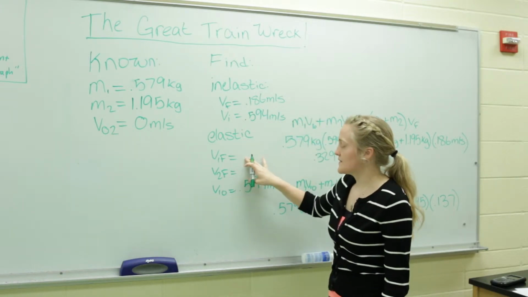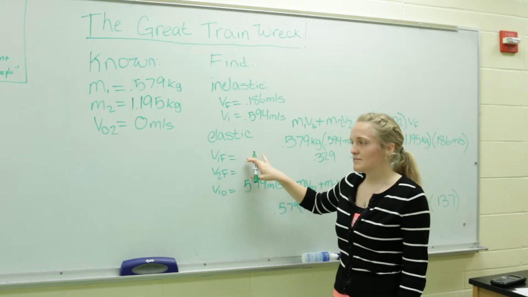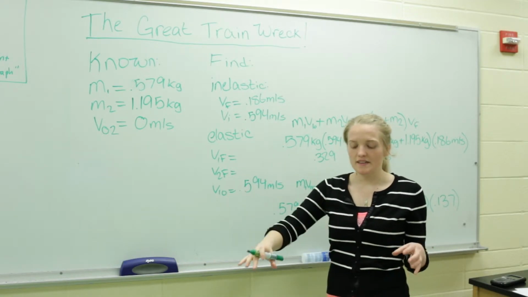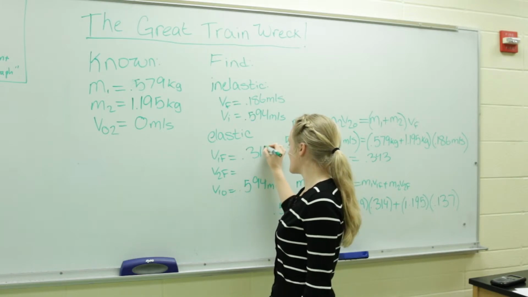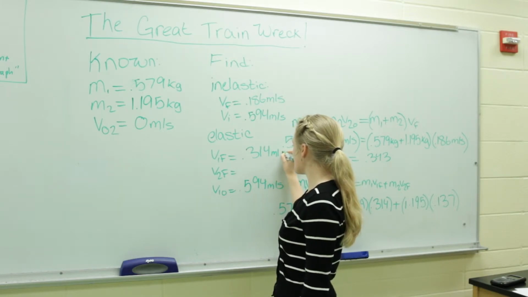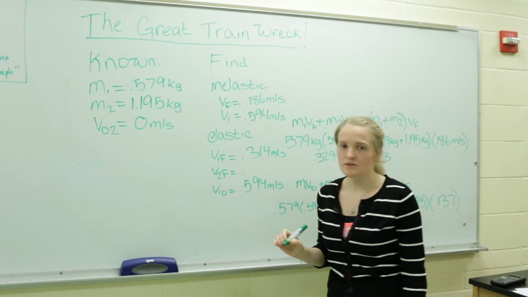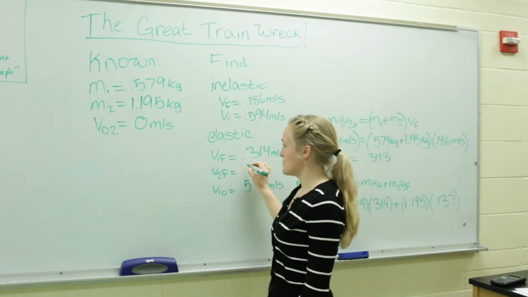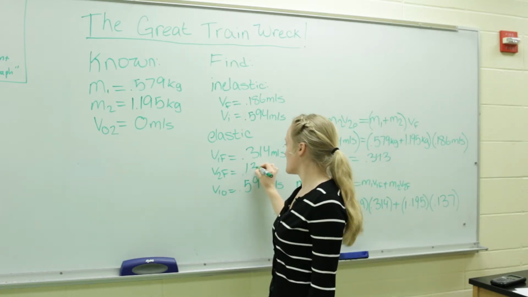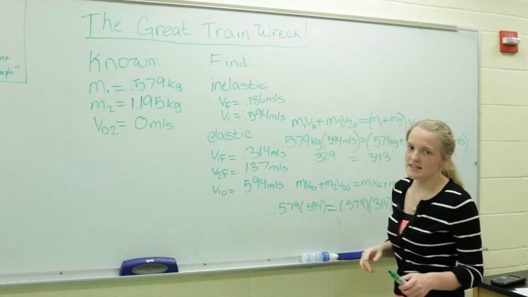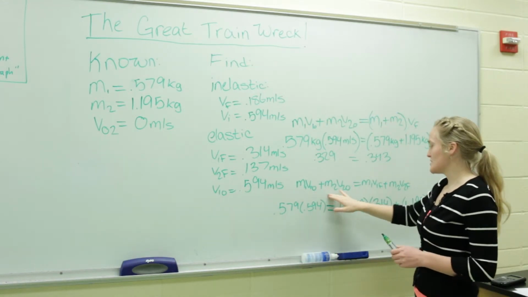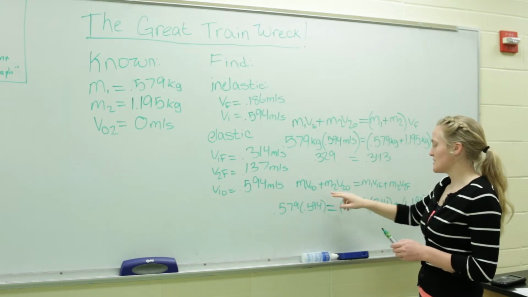The velocity of cart 1 at the bottom changed because they didn't stick together and travel together. It was 0.314 meters per second. And then cart 2 was 0.137 meters per second.